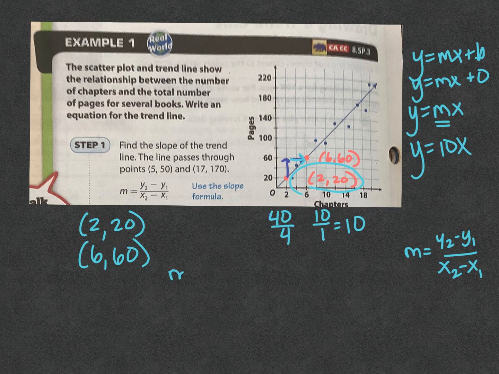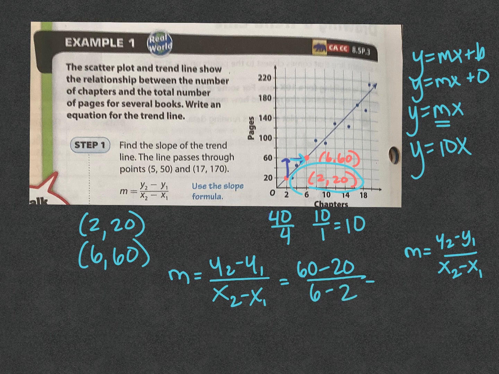I'm just going to plug those numbers into the formula. y2 is 60, y1 is 20, x2 is 6, x1 is 2. 60 minus 20 is 40, 6 minus 2 is 4, and have a look at that. I ended up with the same thing. And when I reduce that down, of course, I'm going to get the same answer. y equals 10x. My slope is 10. It's going up 10 for every 1 over.